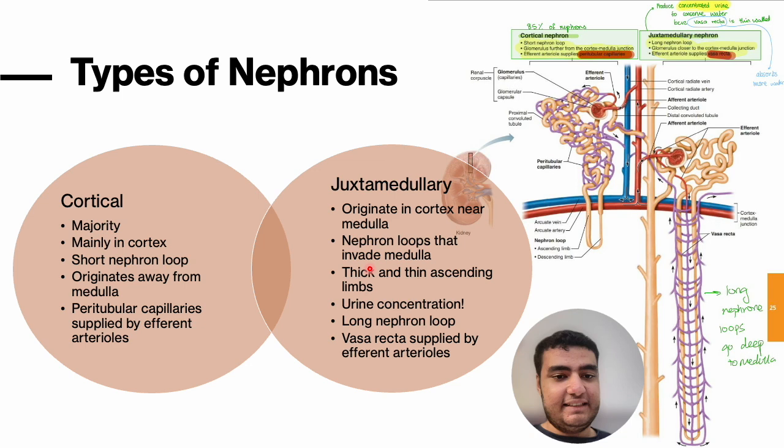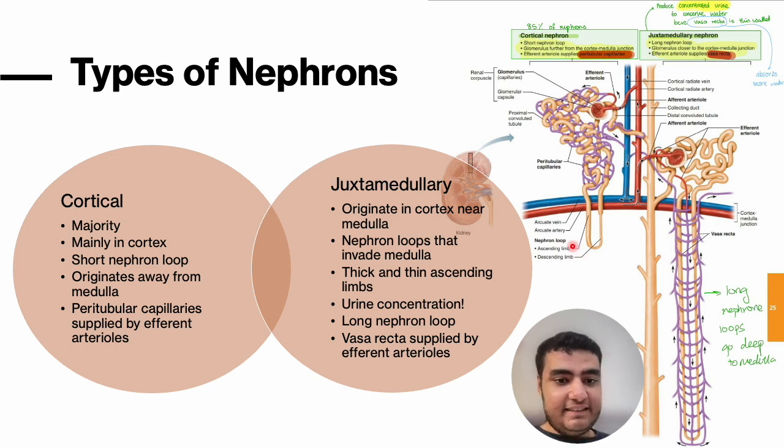So what do these vasa recta do? Well, in order to know, let's see what the juxtamedullary nephrons do and how they are different from the cortical nephrons. First of all, they originate in the cortex near the medulla, and they have a long loop of Henle, or nephron loop, which goes down into the medulla into the renal pyramids.